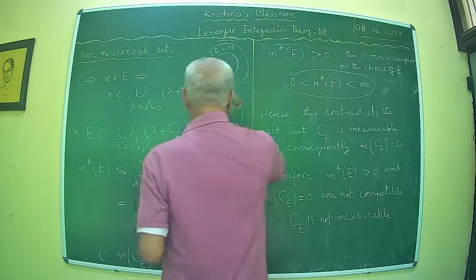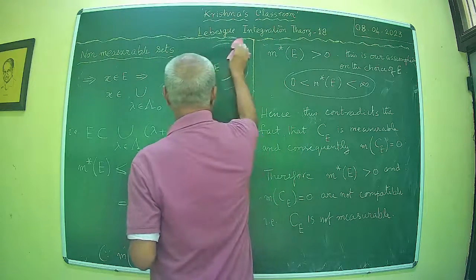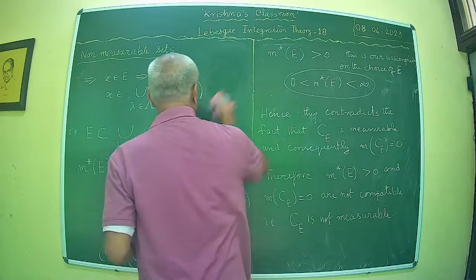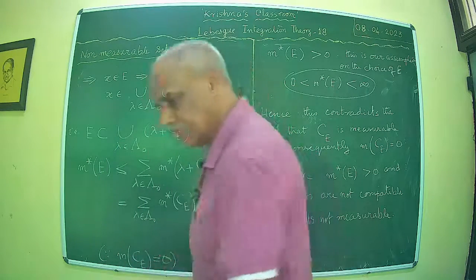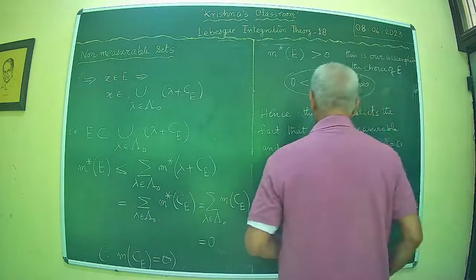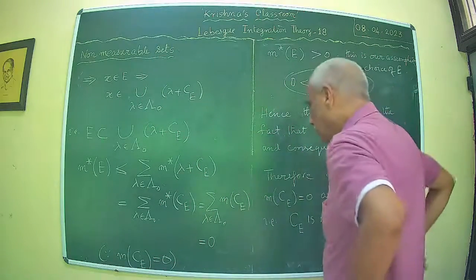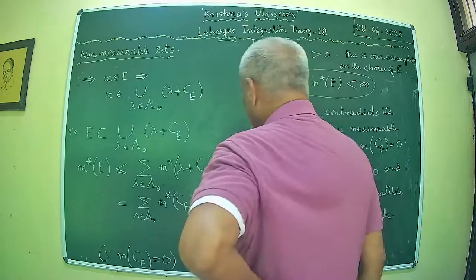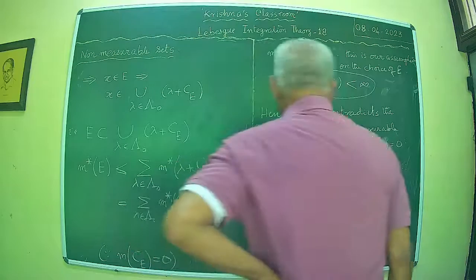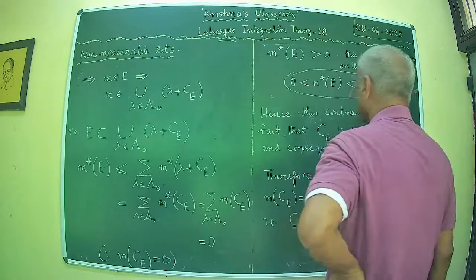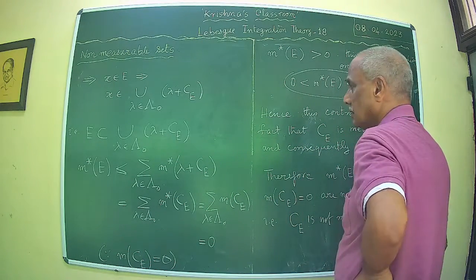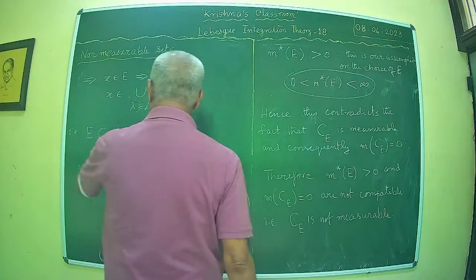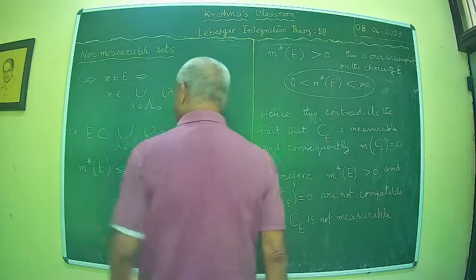So this is not right. So what you can prove is that there exists some lambda in lambda naught with the property that this is what you have. E, every element of this is in the translate of C using that.